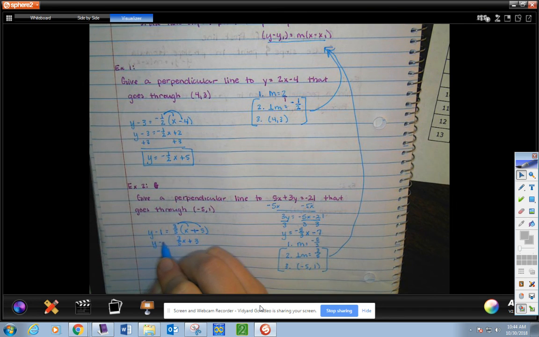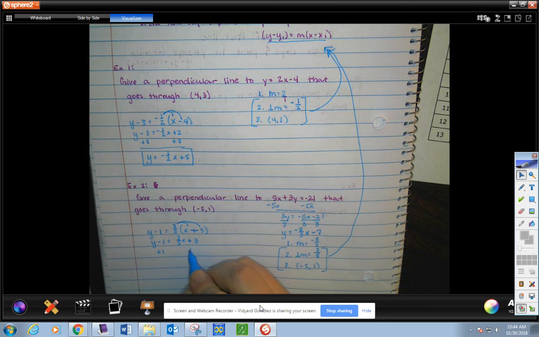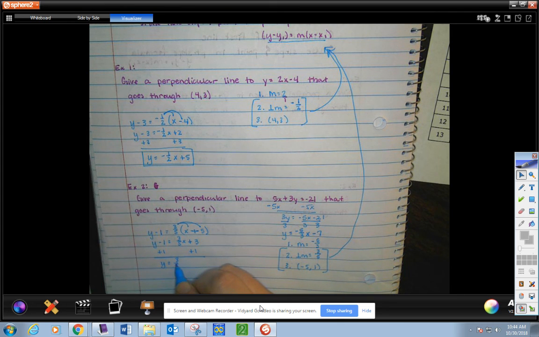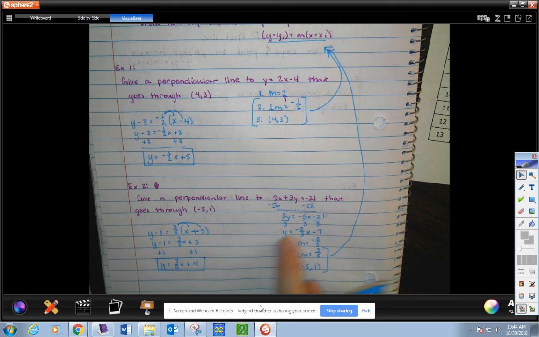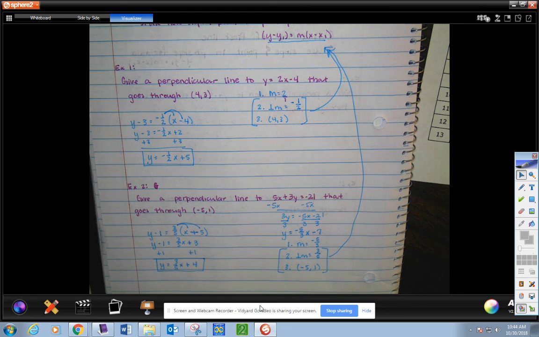Bring down y minus 1 equals, and we are going to add 1, and that gives me y equals 3/5 x plus 4. Okay, when you go to check this one, make sure you go back to the line you came up with and make sure just the slopes are opposite reciprocals. If you have any questions, let me know.